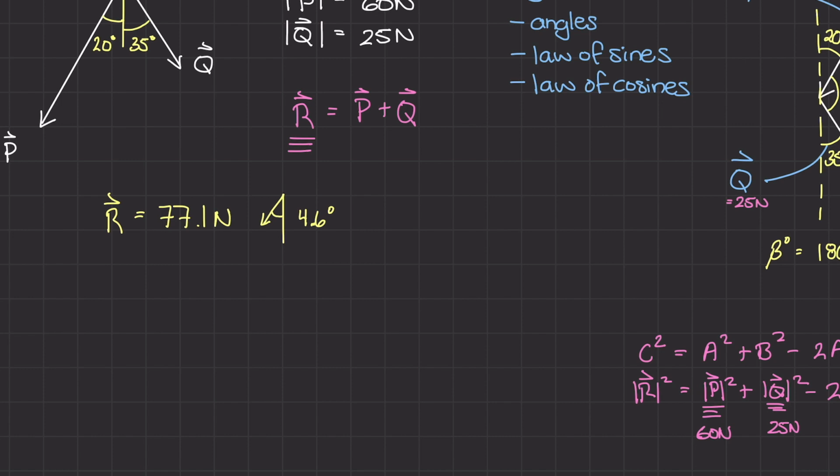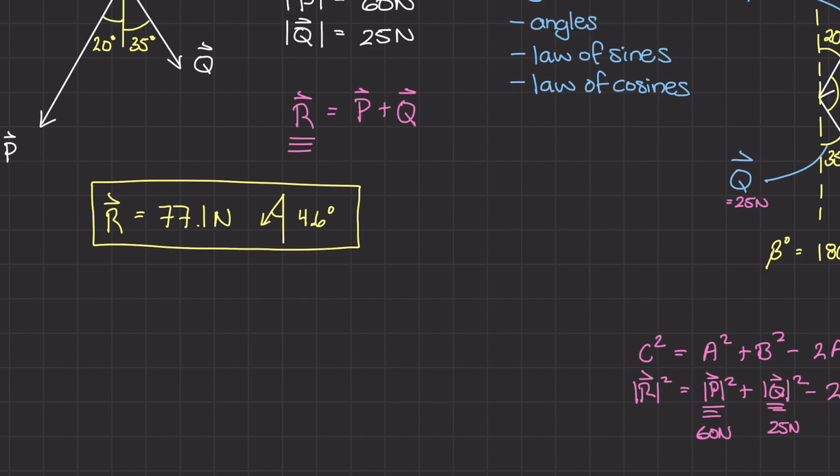I usually like to draw these little diagrams so that people know what this angle is referring to. So this is the resultant vector, and it's making an angle of 4.6 degrees from this vertical line. And so that is it. That is our answer. Resultant force is 77.1 newtons, and it's acting 4.6 degrees to the left of that vertical line.